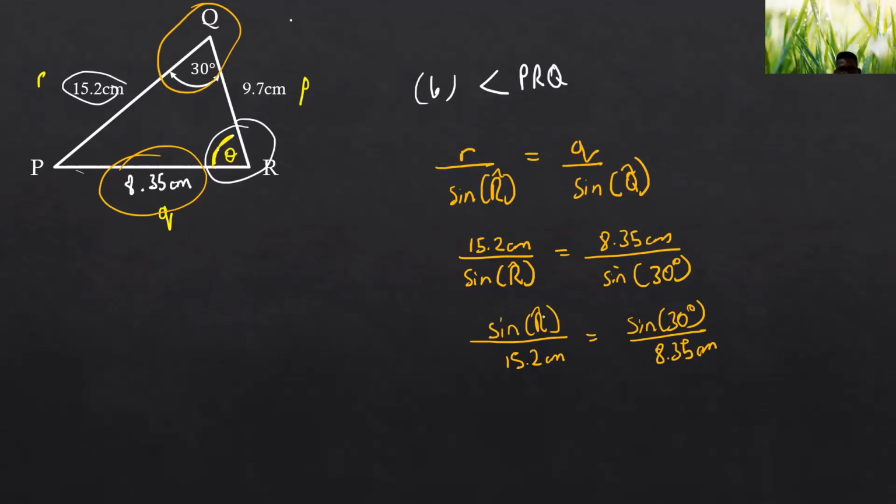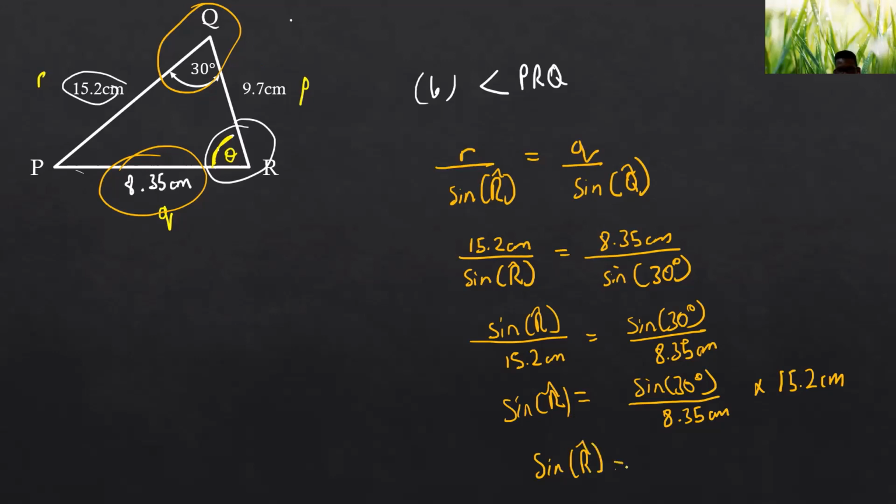We want to solve for sine R for now. So we're going to carry over our 15.2, so we end up with sine R is equal to sine 30 degrees over 8.35. Now our 15.2 is multiplying as it comes over, and we end up with sine R is equal to, and we can solve this.